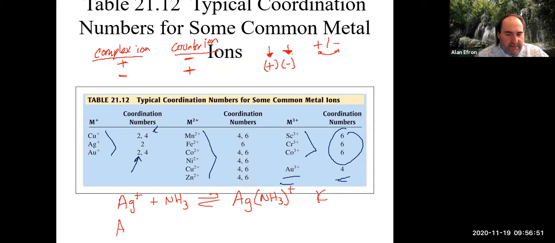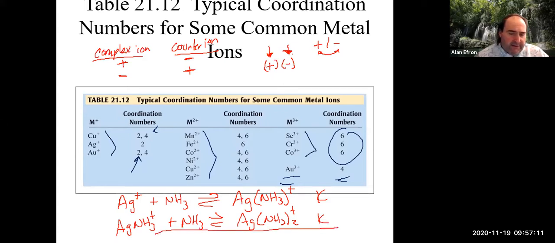The next thing that would happen is we would attach another one to it. That also would have a K value. And again, like we saw in chapter 16, we could add all these up together and get the Kf by multiplying these together for the formation of, say, adding 2 of these to it.